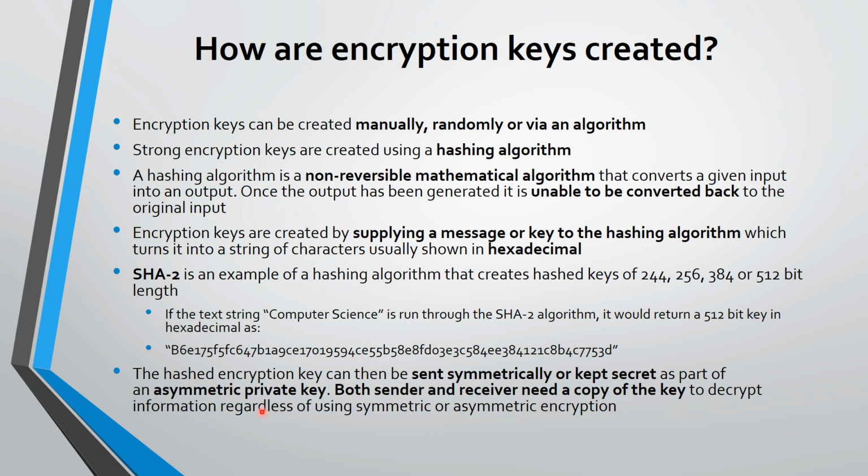So the hashed encryption key can then be sent symmetrically, or kept secret as part of an asymmetric private key. Both sender and receiver need a copy of the key to decrypt information, regardless of using symmetric or asymmetric encryption.